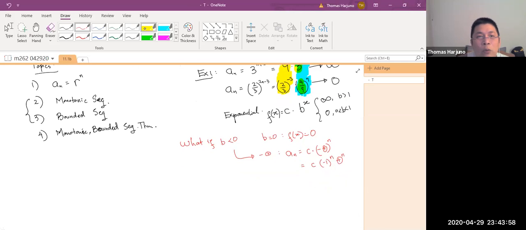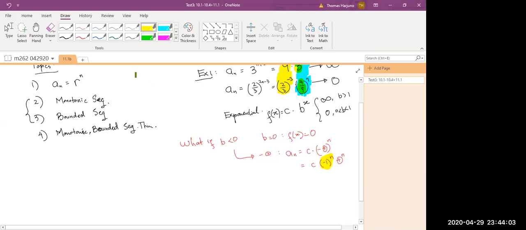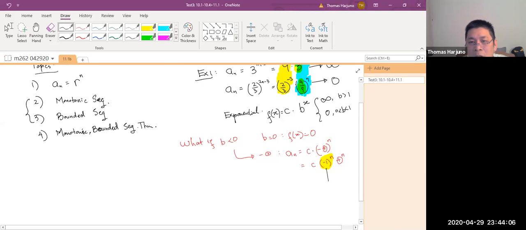Now notice that it will create an alternating sequence. It will alternate.